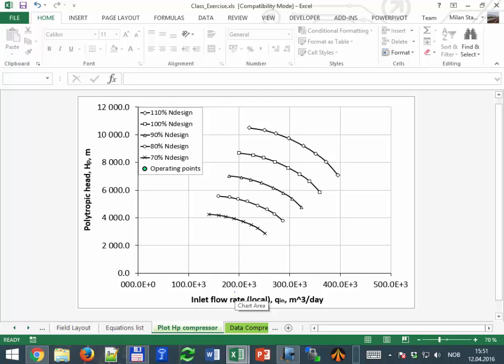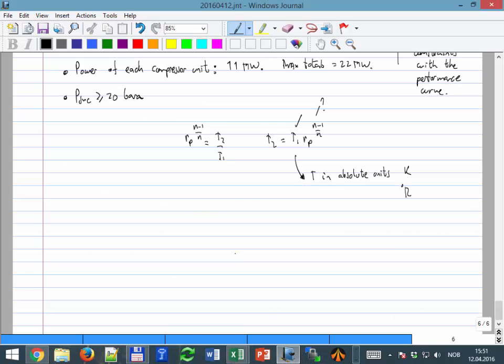If it's a dry gas, with BG, okay? You remember, BG at certain pressure and temperature is equal to the Q of gas local divided by the Q of gas at standard conditions.